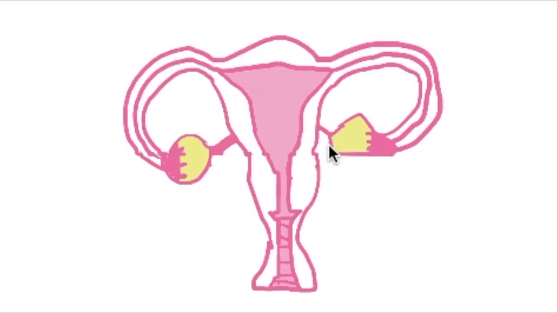So here we have a close-up view of the uterus so we can get a little bit more in depth about its different parts. The uterus has four main parts: the fundus, the corpus, the isthmus, and the cervix. So up here we have the fundus.